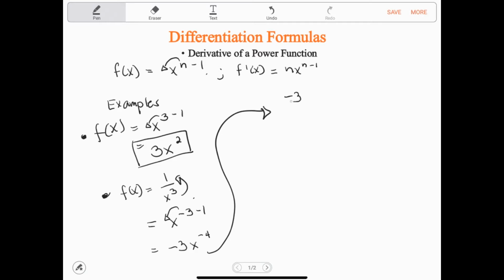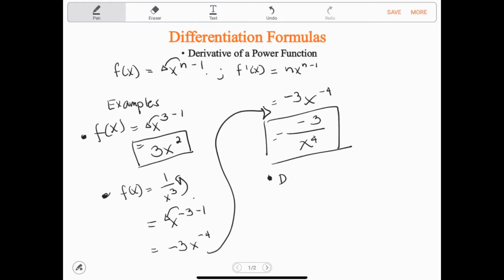Negative 3x to the power of negative 4, which is over 1. We can transfer x to the power of negative 4 to the denominator. So we can rewrite it as negative 3 will remain in the numerator, so it's going to be negative 3 over x to the power of 4.